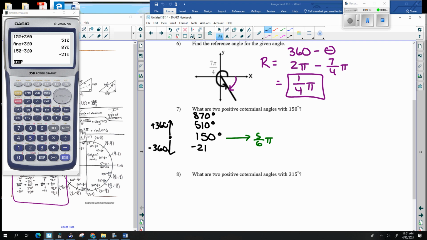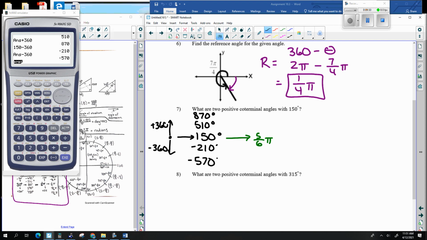Negative 210, negative 570. And I could do that all day, but usually 2 circles is enough, usually. All right, so this is what they gave me right here. And then I added circles to it, and I subtracted circles from it.